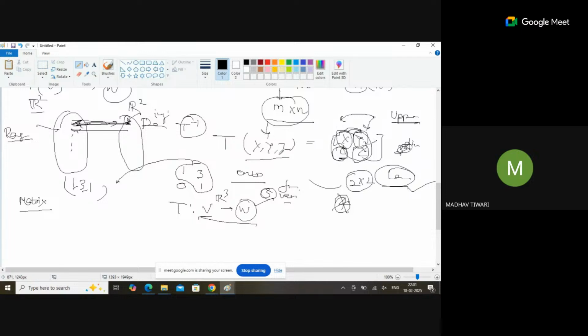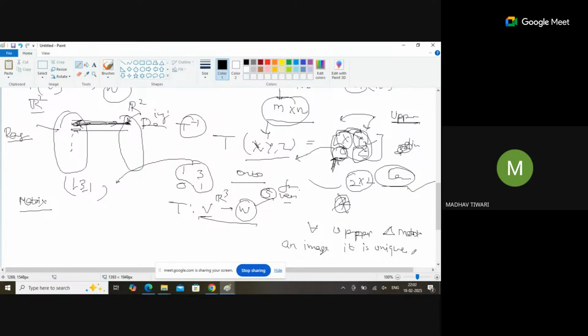So what I am conveying here is that if you have any matrix in this form, you have a unique pre-image for all upper triangular matrices. An image is there, and it is unique.